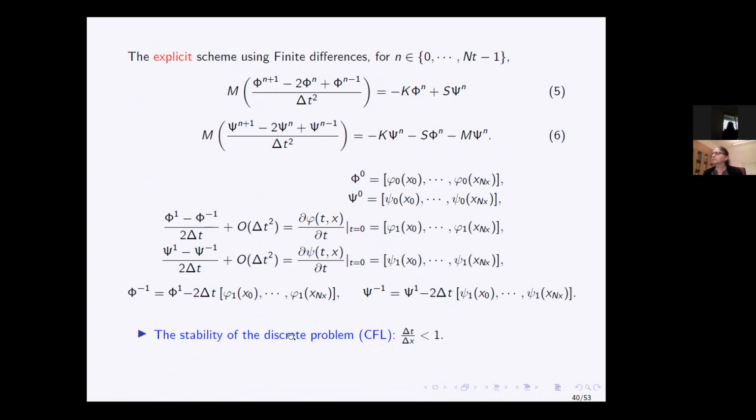And of course, we need the stability of the discrete problem. That means we need to respect the CFL condition between the step of space and step of time, which is less than 1.